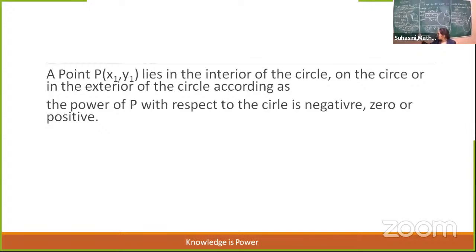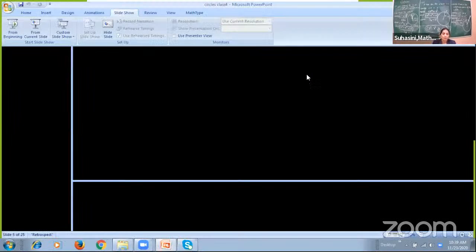So S11 less than 0 implies the point P lies inside the circle, and the point P lies inside the circle implies S11 is less than 0. These are mutually connected. With this, we have finished this important topic.